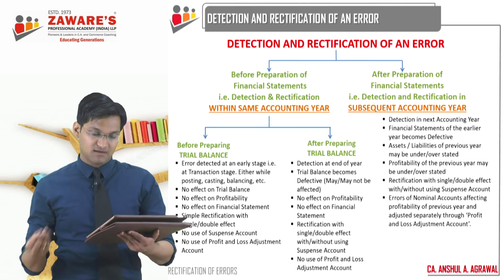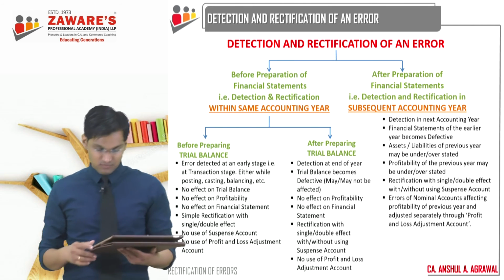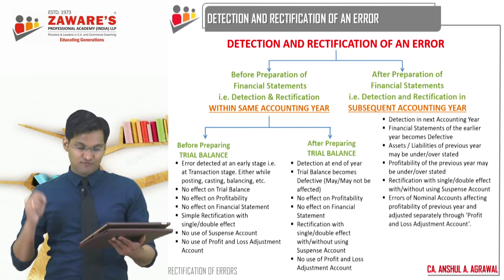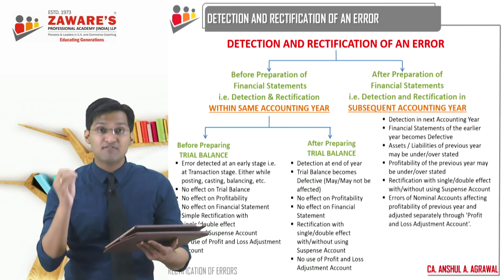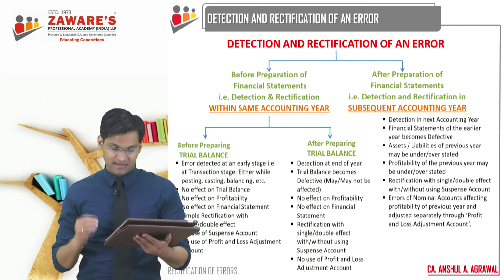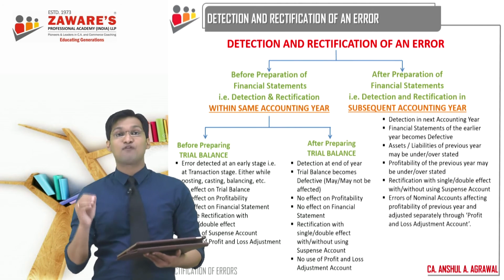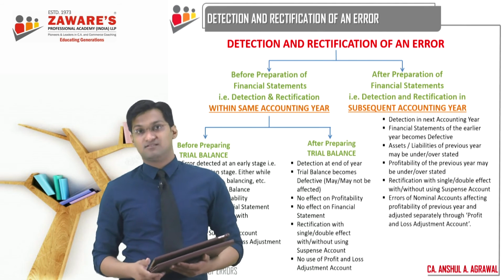Rectification is done with single or double effect, again with or without using suspense account. And errors of nominal accounts affecting profitability of previous year are adjusted through separately opened account known as profit and loss adjustment account. Very, very important thing.